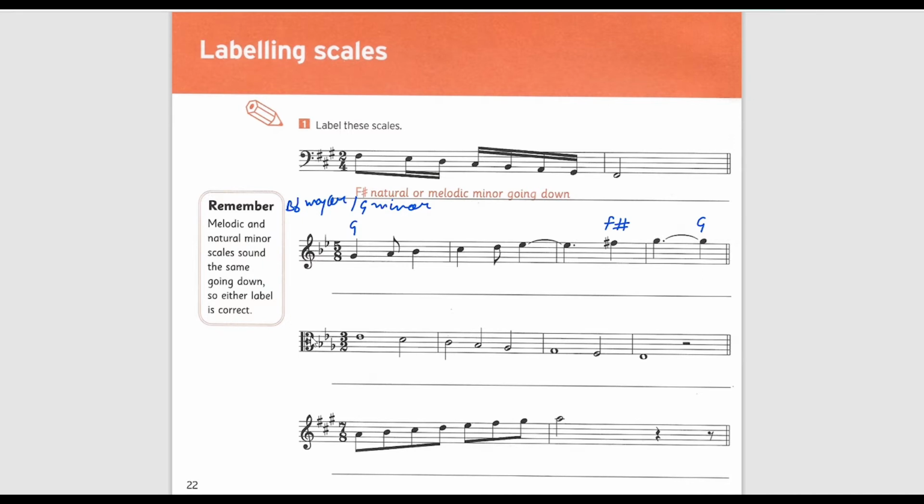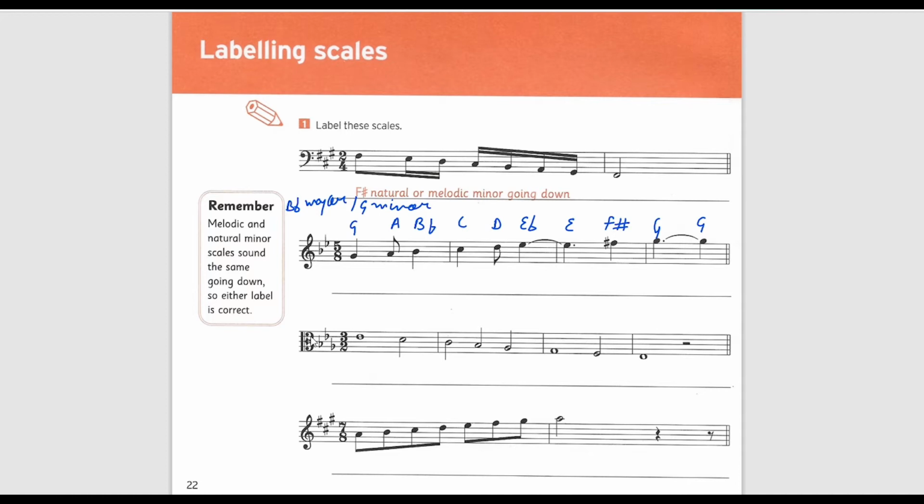Now is this G natural minor, harmonic minor, or melodic minor? We have to check that. Let's write down all the notes: G, A, B, C, D, E, F, and G. You know that these are the notes of our G minor scale, where B is flat and E is flat, which continues because this is a tie.